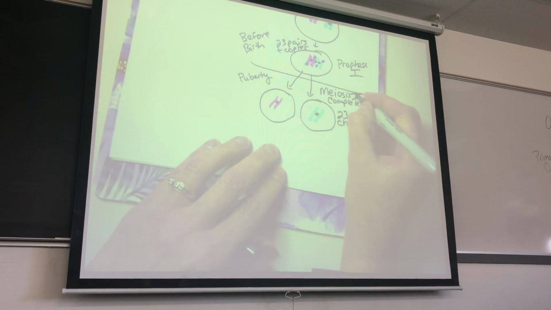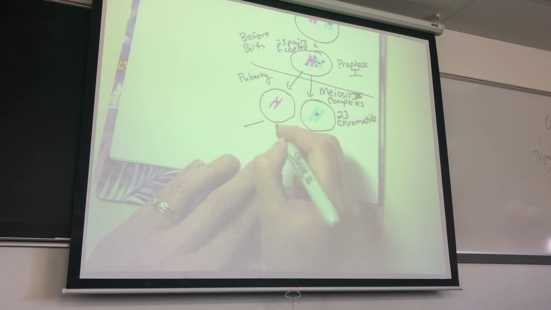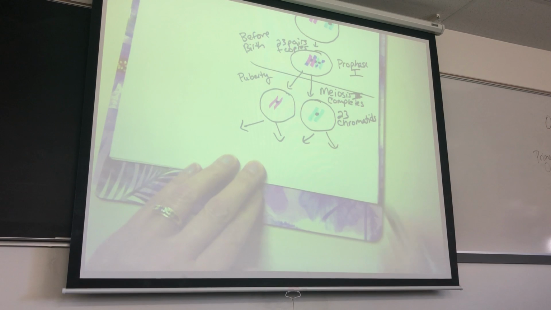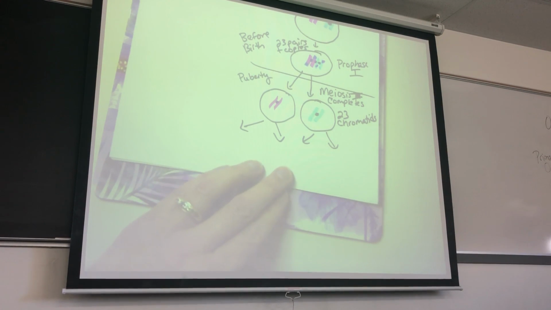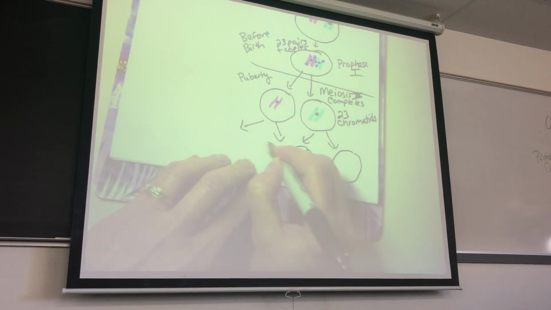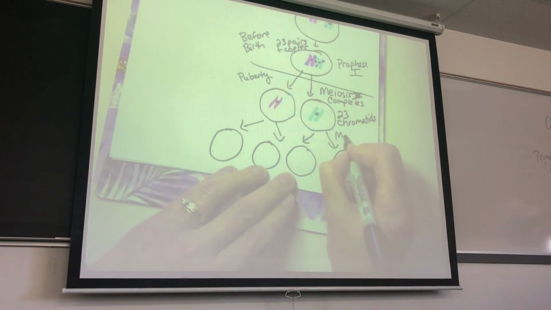That's the end of meiosis 1. And now meiosis 2 is going to continue. So each of these are going to end up going through this same process, okay? And in meiosis 2, these things just divide.